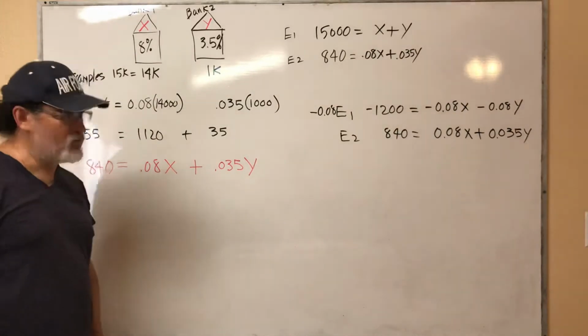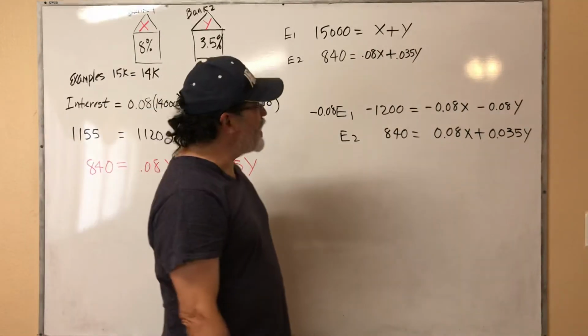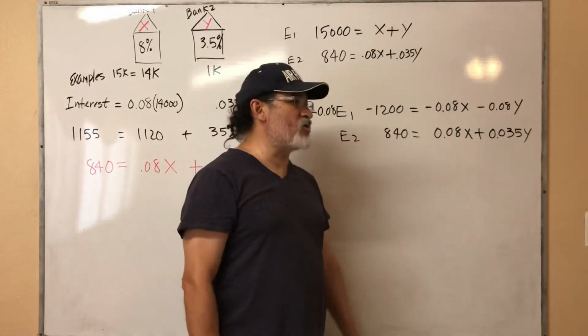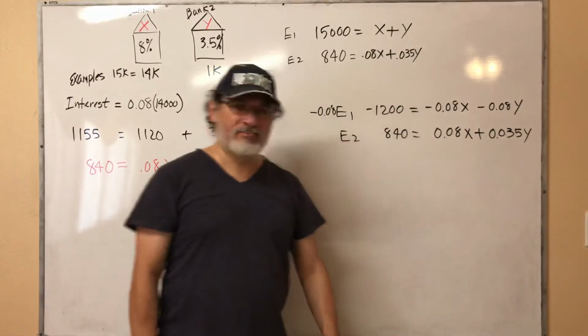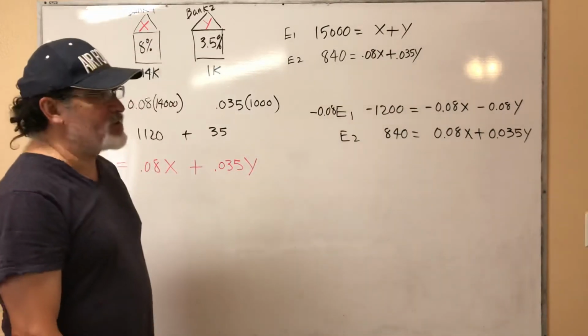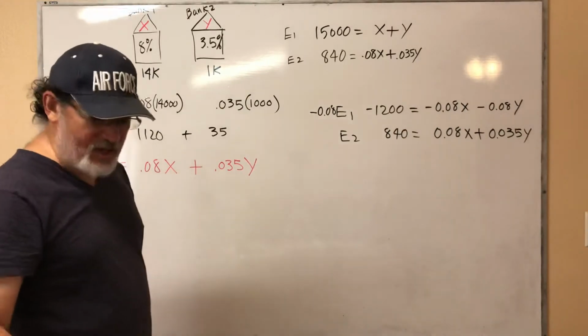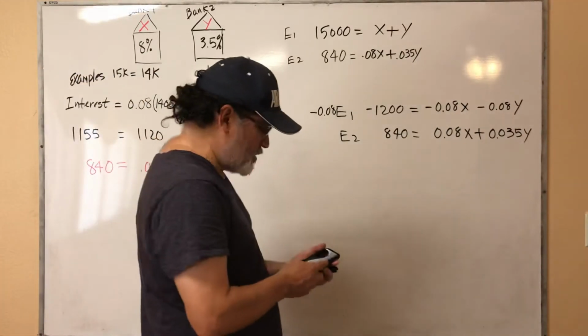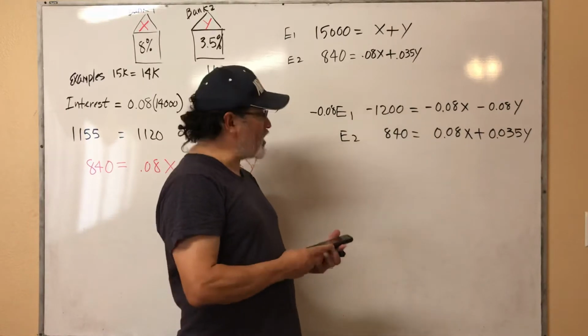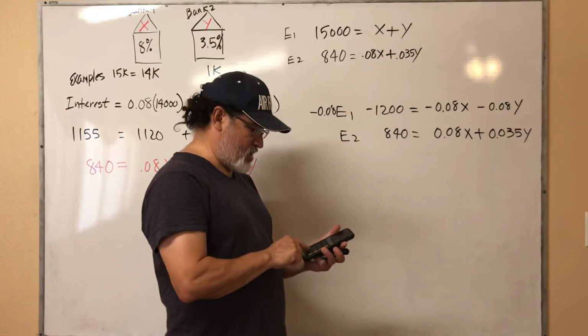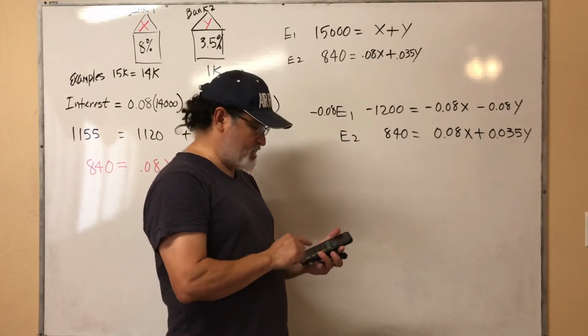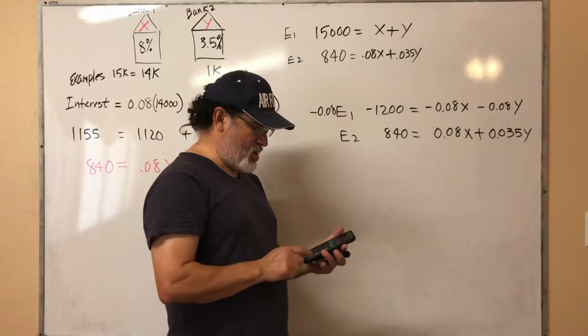All right. So now take negative 1,200 and add 840. Okay, so let me see. Is that 360? I believe so. Okay, so take 1200 minus 840.